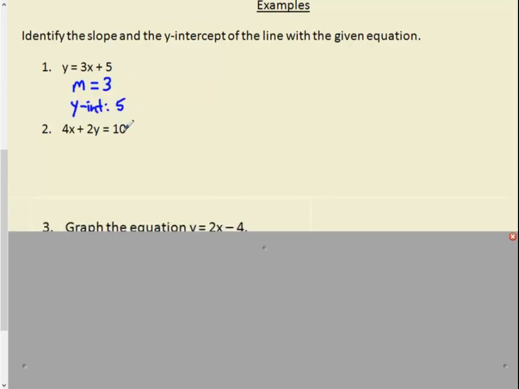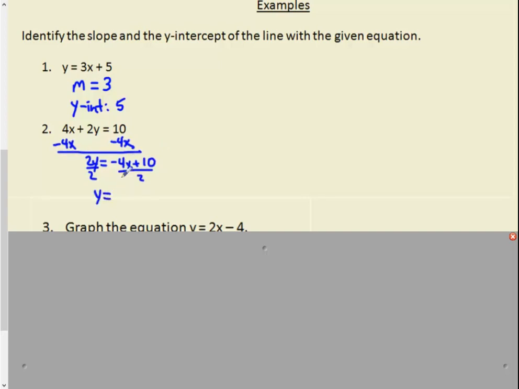Number 2, 4x plus 2y equals 10. We want to get y by itself. So I'm going to subtract 4x from each side first. So we still have 2y on the left-hand side. And remember, we can write either 10 minus 4x or negative 4x plus 10, and then divide by 2.